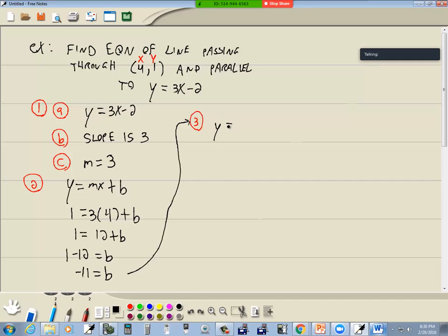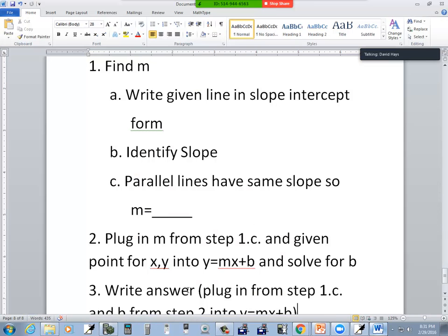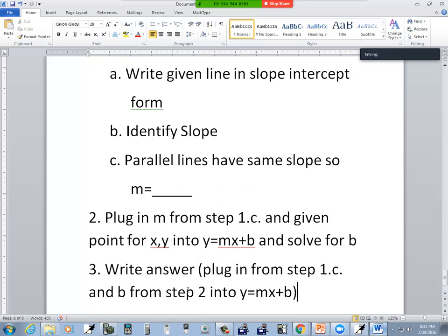But we can't forget step 3. Step 3 is to actually write our answer down. We're going to plug in m. Correct that on your document if you wrote that down. That should be plug in m from step 1c and b from step 2.